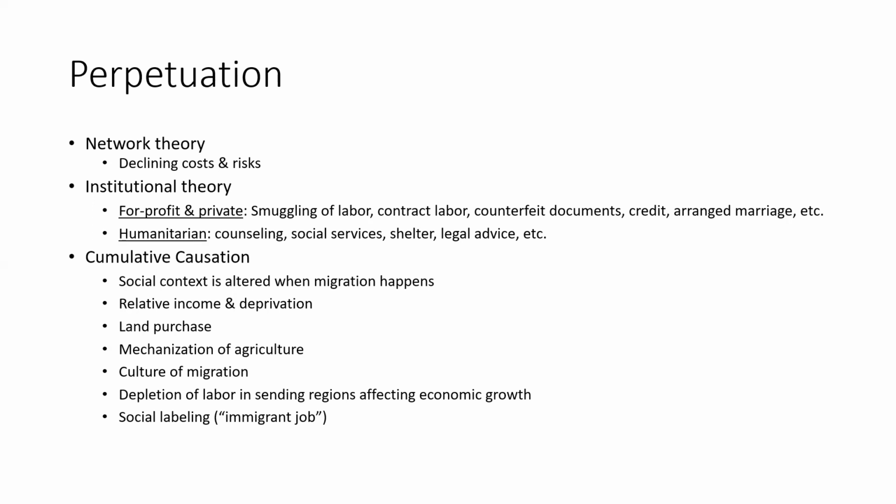And they know what's the most cost-effective or safer way to travel to that destination area. This is going to reduce the cost and risk associated with the process of migration. This is what we mean by the network theory.